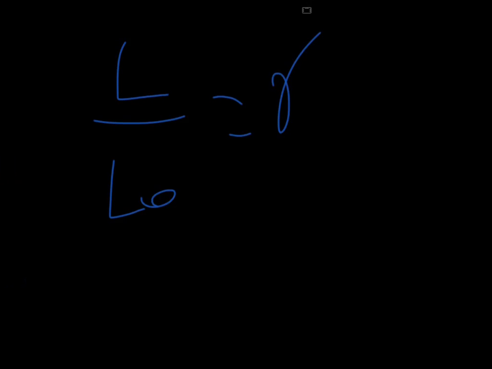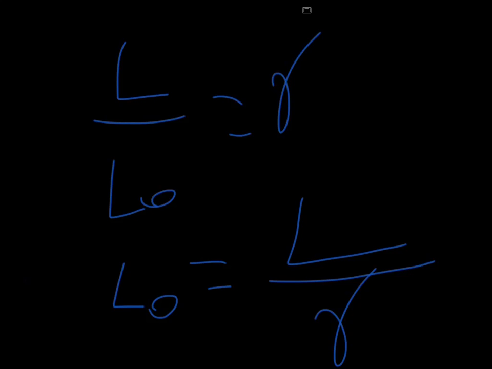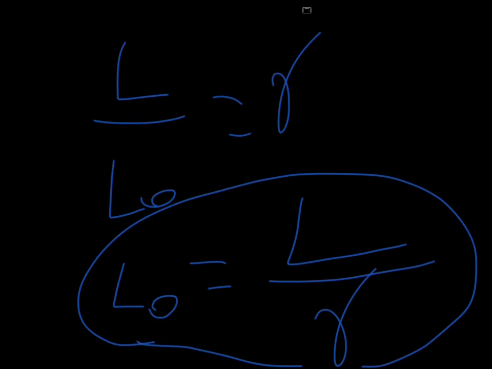And what we have is that the proper length is equal to the regular length divided by gamma. And this is the length contraction equation. And that's it for this video.